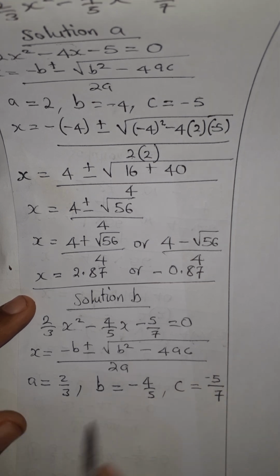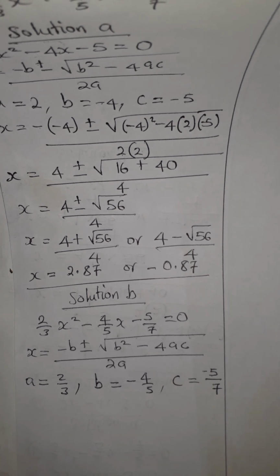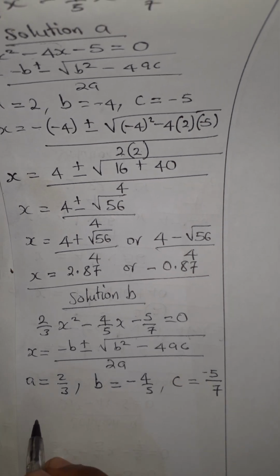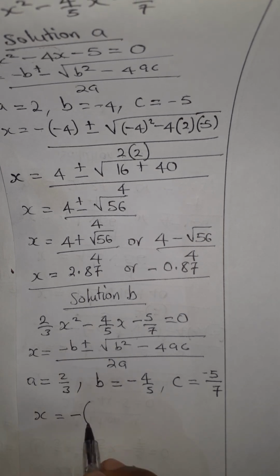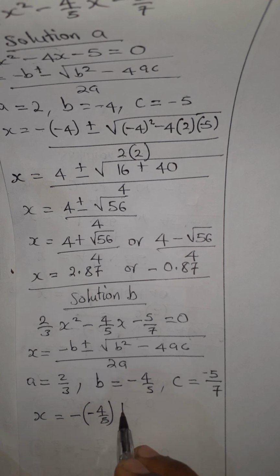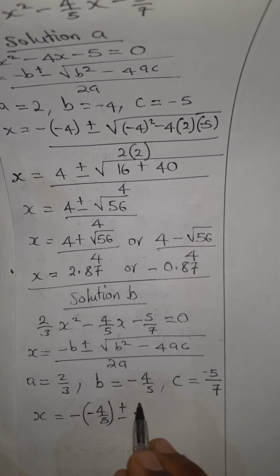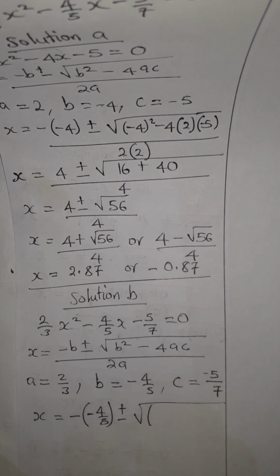After that, we have to substitute in the equation. So substituting these goes like this. x is equal to negative, this one, bracket negative 4 over 5, positive or negative square root. Now this one over is the open bracket.